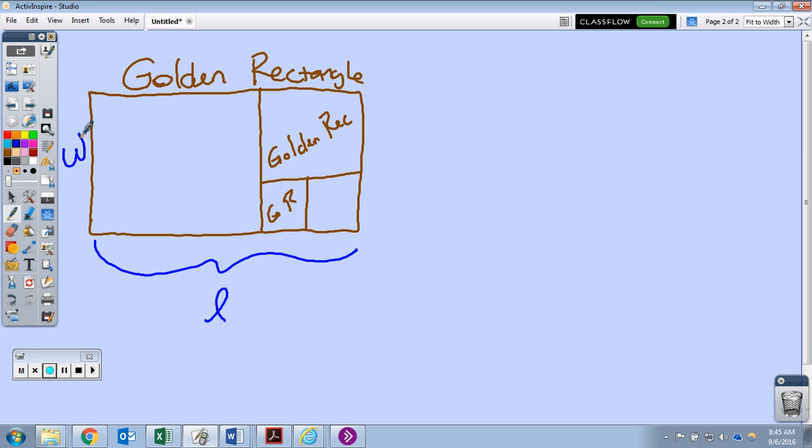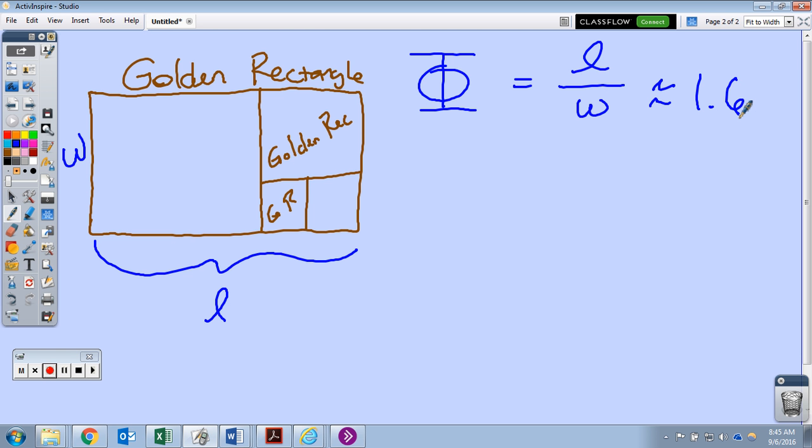We want to know the golden ratio, which we write as this. We know it's approximately 1.6, according to the text, but I want you to find the exact value, which by doing so, you'll determine how they arrive at approximately 1.6.